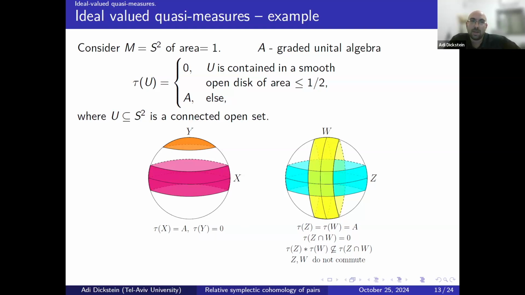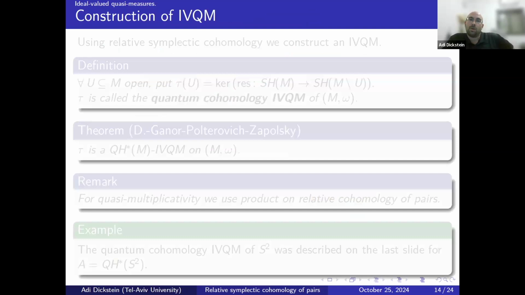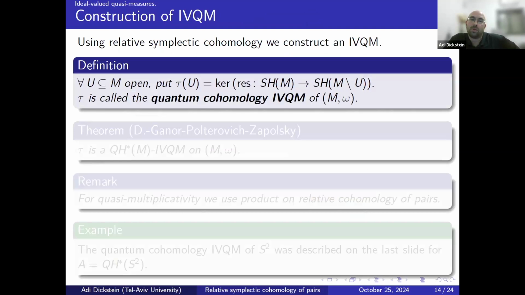Great. Now, how does our construction go? We used relative symplectic cohomology. For an open set U, we defined tau of U to be the kernel of the restriction map from the relative symplectic cohomology of the manifold to the relative symplectic cohomology of the complement. We called this object the quantum cohomology IVQM of our manifold.